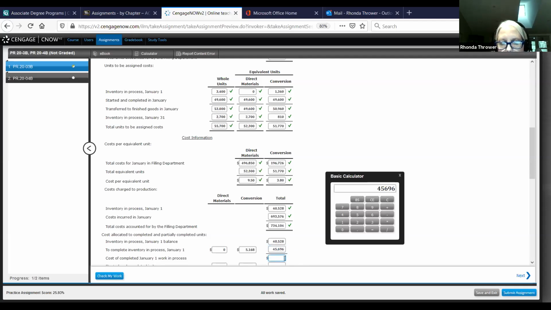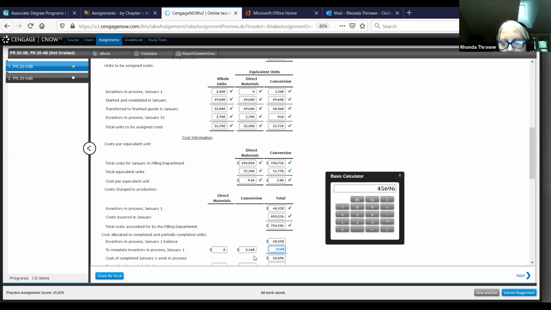And I've got that in the wrong blank here, class. Bear with me as I muddle through this. Now, this is your total cost of your beginning inventory. 40,528 was brought forward from last month.